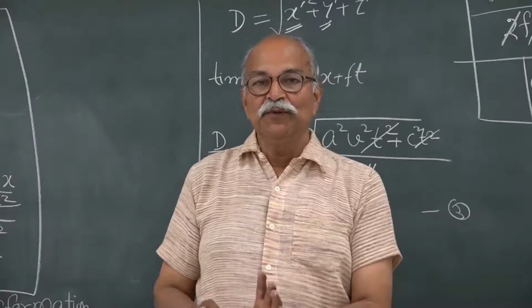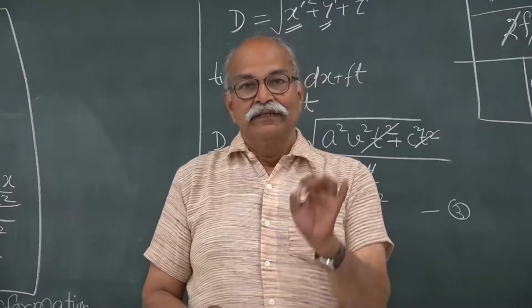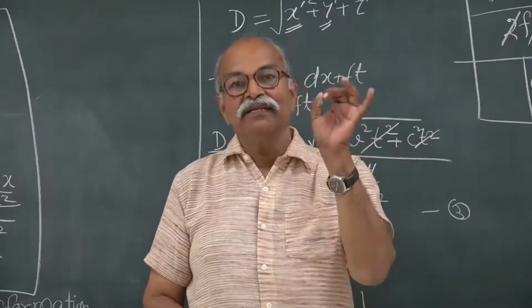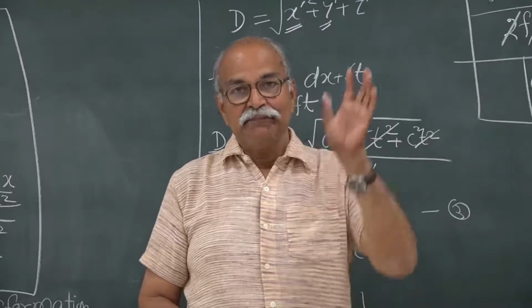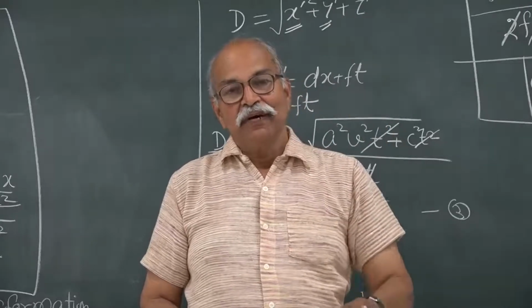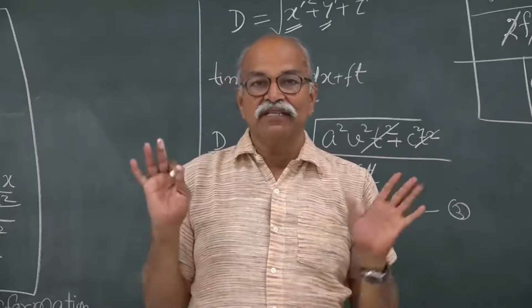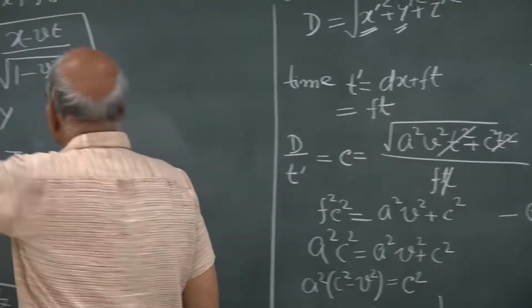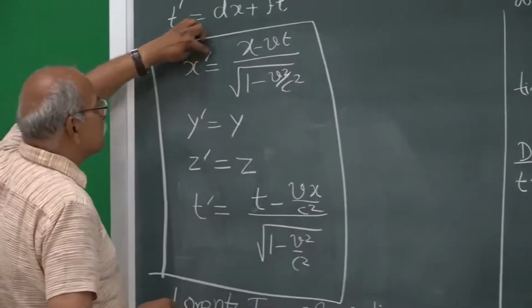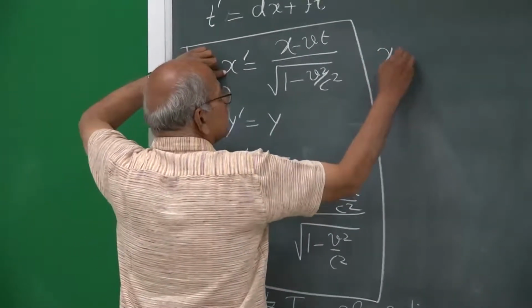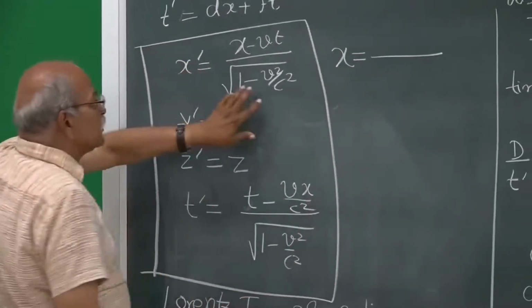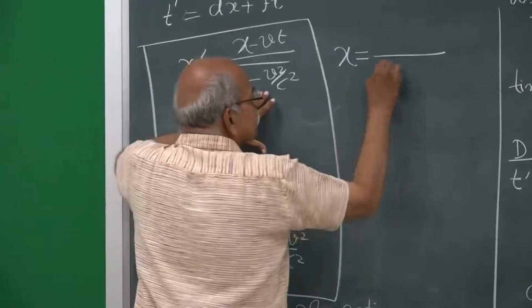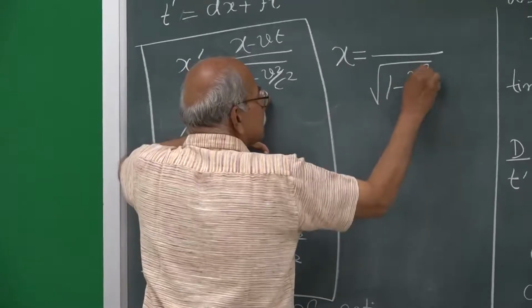So, all you have to do is replace v by minus v and primed things by unprimed things and vice versa, and finish. So, the inverse transformation will be, write x here equal to, the denominator remains the same, 1 minus v square by c square.